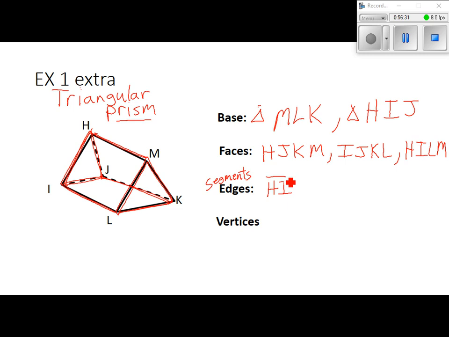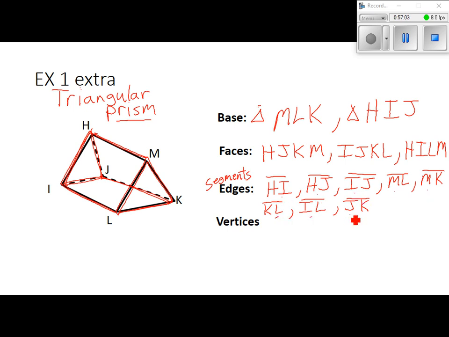Segment HI, segment HJ, segment IJ, segment ML, segment MK, segment KL, segment IL, and segment JK. There should be 8 of them. 1, 2, 3, 4, 5, 6, 7, 8.